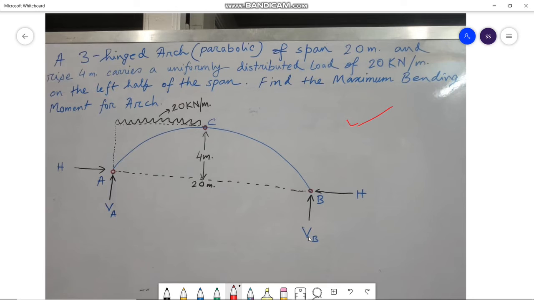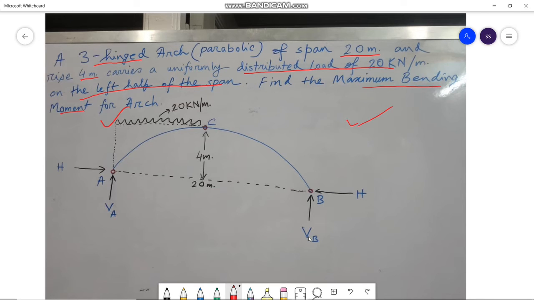The problem says that a 3-hinge arch of span 20 meter and rise 4 meter carries a uniformly distributed load of 20 kN per meter on the left half of the span, that is here. So in this problem we have to find out the maximum bending moment for the arch.